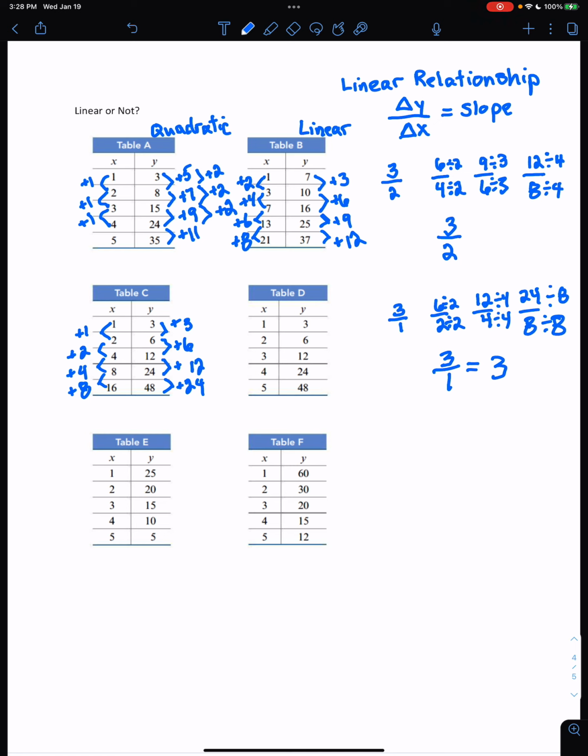So we have the same slope each time. So we have a constant rate of change. So this is indeed going to be a linear relationship. This video is getting a little long, so I will stop here and continue with D, E, and F in a future video.